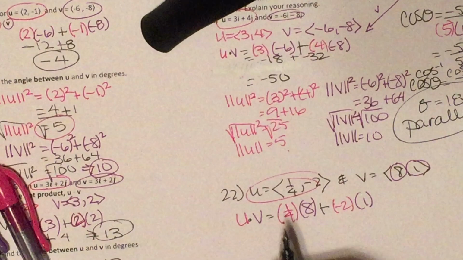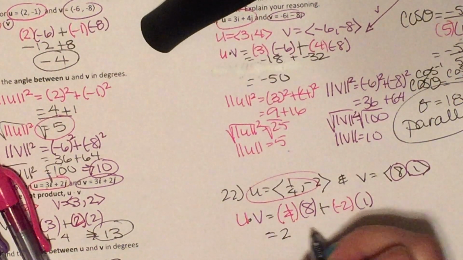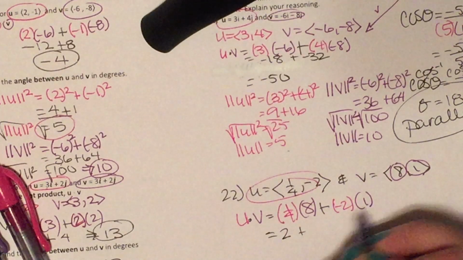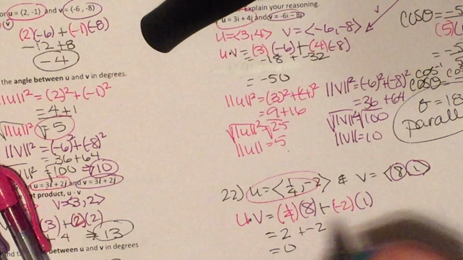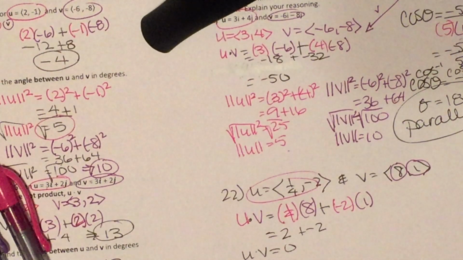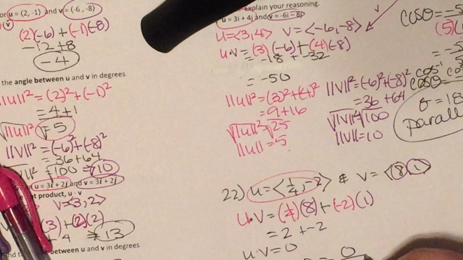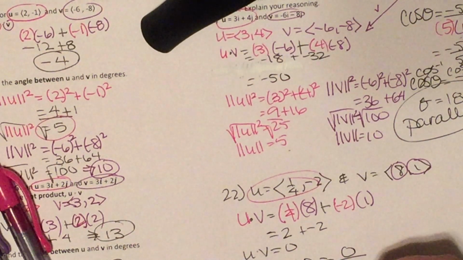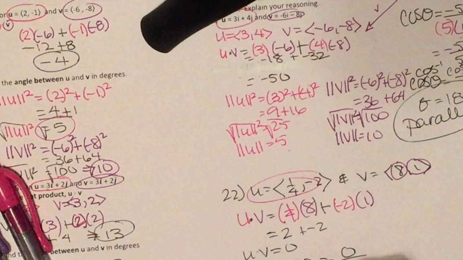Okay? 1/4 of 8 is 2. And then I'm adding negative 2 times 1 is negative 2. Well, negative 2 and 2 have a sum of 0, which I like because I can stop right there, because if I have cosine equals 0 over anything, I don't even have to solve those, it's going to be 0.